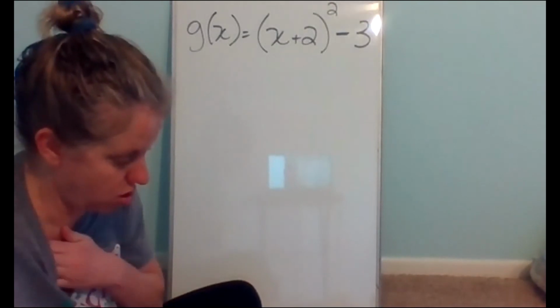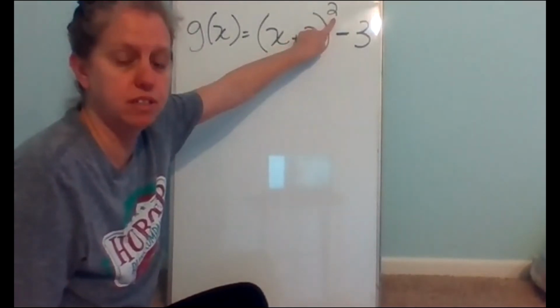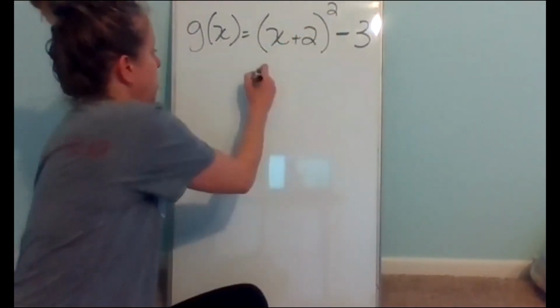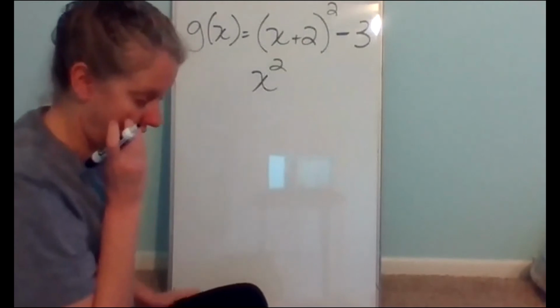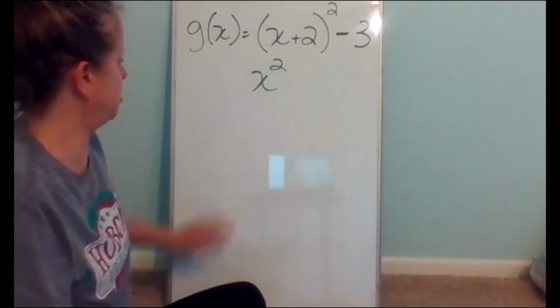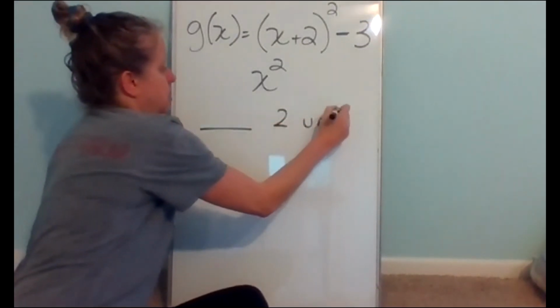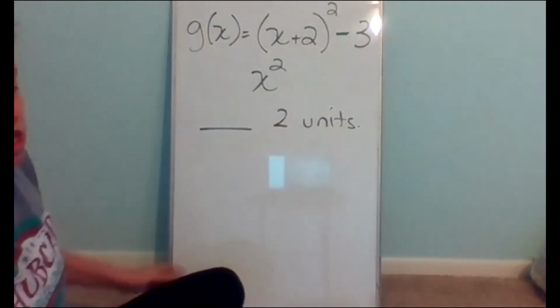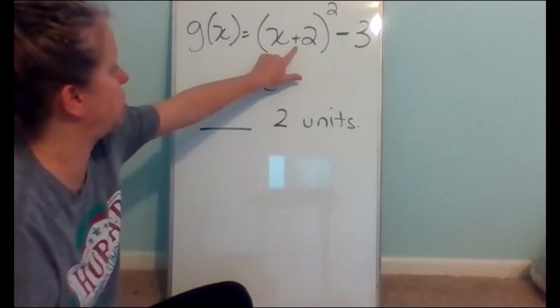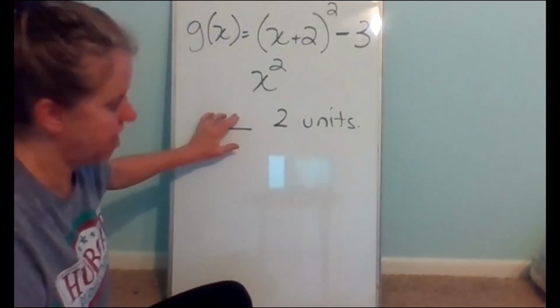So it wants to know, what are you going to start with? Again, this is what gives it its shape. So you're starting with x squared. Then it says you're going to shift it blank 2 units. So that kind of tells you what you're going to do first. So this is what's going to move me 2 units. It wants to know which direction you're going to shift it here.